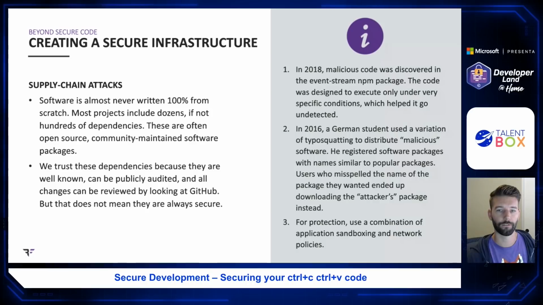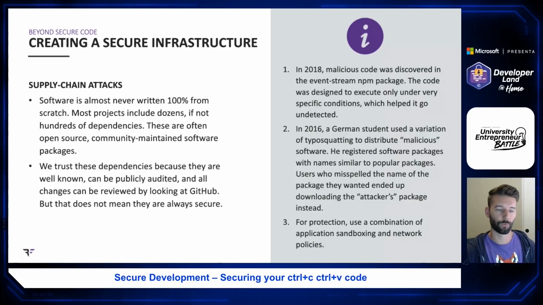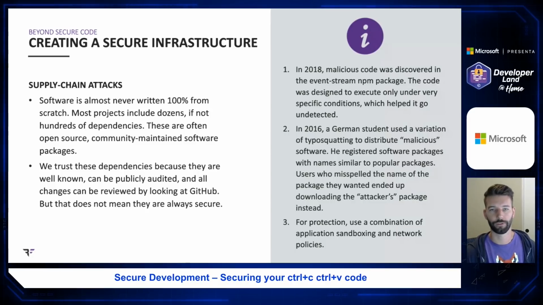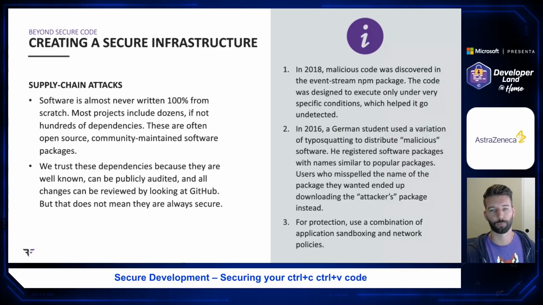Another example is in 2016, a German student used a variation of typo squatting. So typo squatting is where you register a domain name that's similar to another domain name. So let's say that you register pacebook.com instead of facebook.com. And so if someone mistypes and they accidentally type pacebook, they actually go to your website, right, instead of Facebook, where they wanted to go. And so this student used the same technique to register software packages that had a name very similar to some other popular packages.